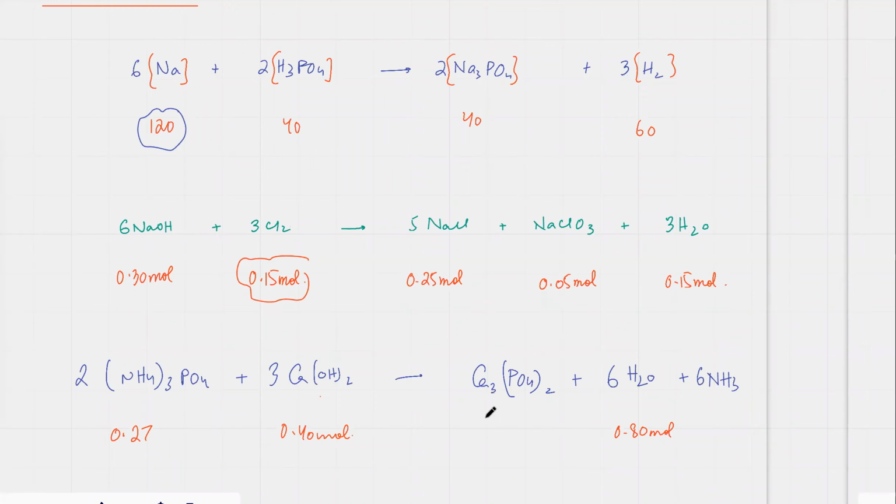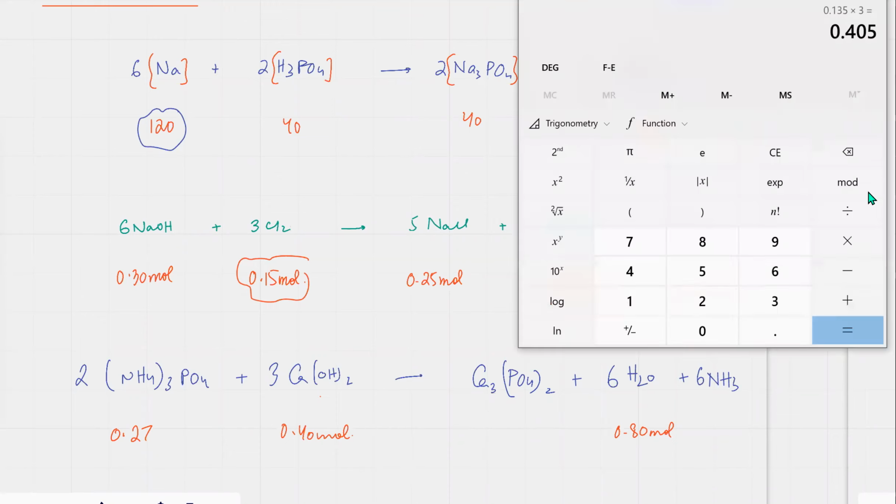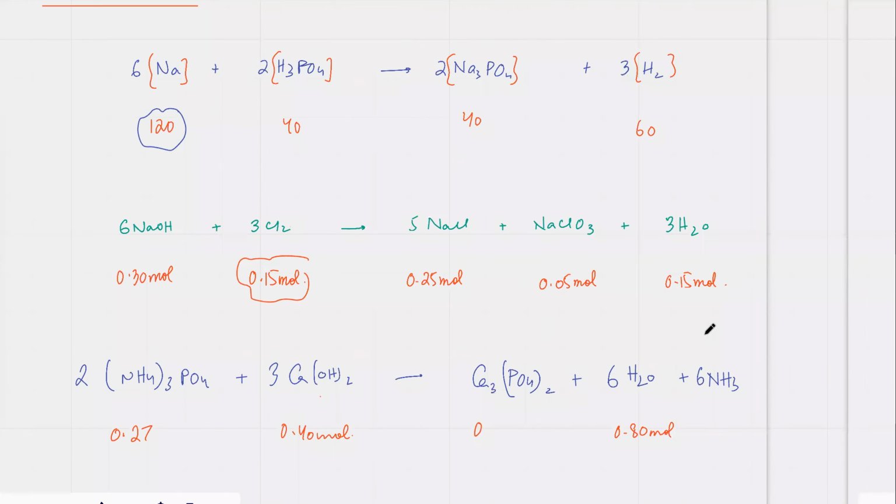What do you get for this? 0.8 divided by 6 into 1. 0.13. So you're going to get 0.13. I mean, on your calculator, you would be getting 0.1 recurring, so there's going to be lots of trailing 3s. And this would be the same. It's going to be 0.80 moles.